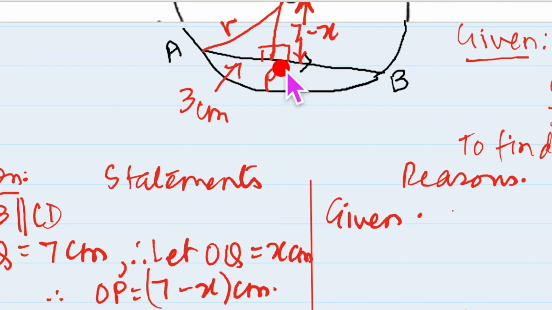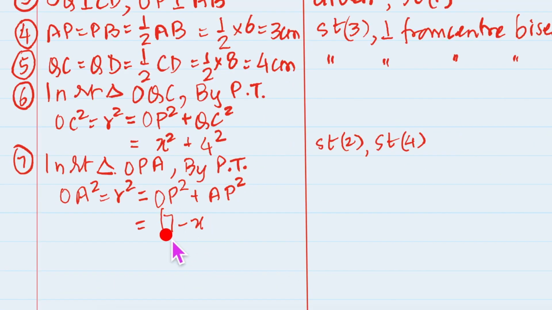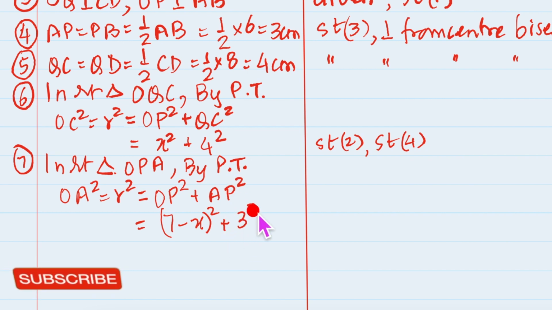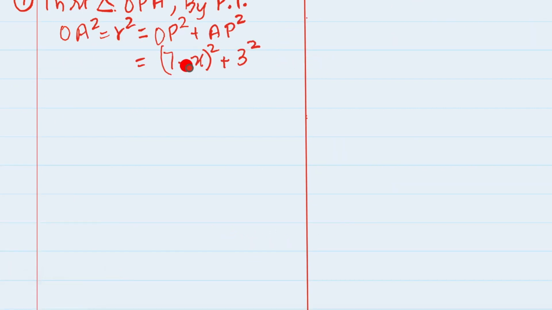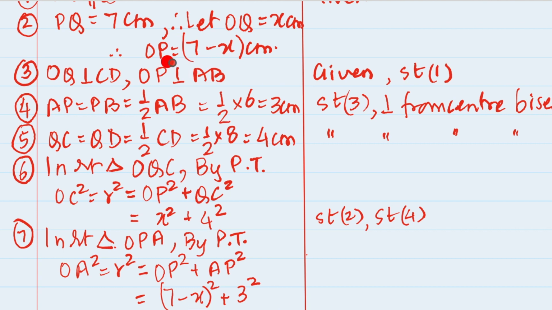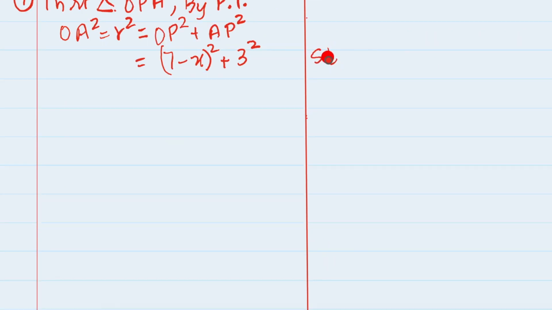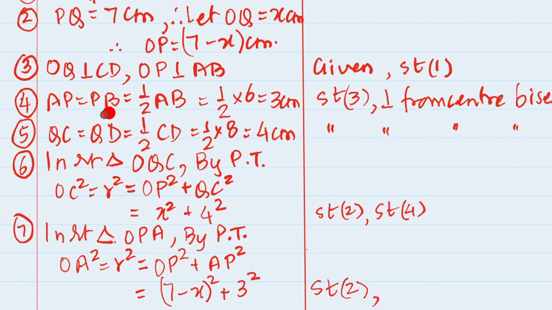So OP is 7 minus x whole square plus AP is 3 square. What is the reason for this? 7 minus x is statement 2. So again we'll write statement 2 here. And which statement said AP is 3? Look here, that is statement 4. Oh dear, this one is statement 5. Okay, sorry.